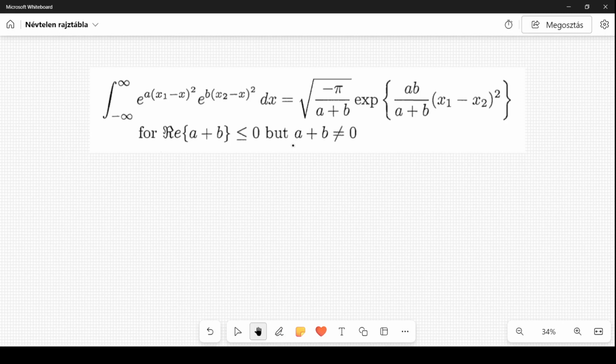It's not very complicated. First, we rewrite the product of these exponentials simply as one exponential. So the argument of the exponential is simply the sum of these two. So we have the exponential of a times (x1 minus x) squared plus b times (x2 minus x) squared. Now I will focus only on the argument.